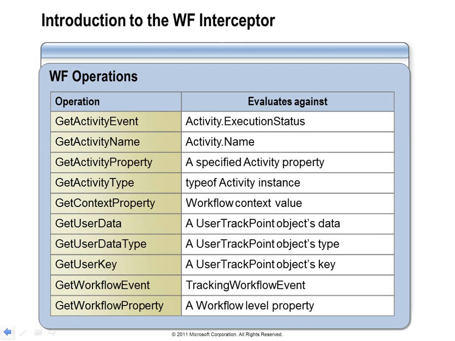We could get an activity's name, or we can go and get particular properties off an activity so that we can extract a value from one particular step. Activity types, we can get context values, several different items around the user data, so custom code that has called into the tracking API. And we can also get events around the workflow and workflow level properties or arguments going in or out of the workflow.